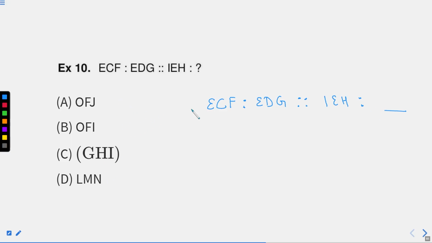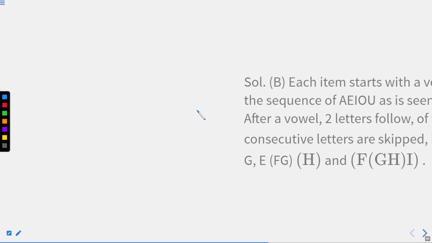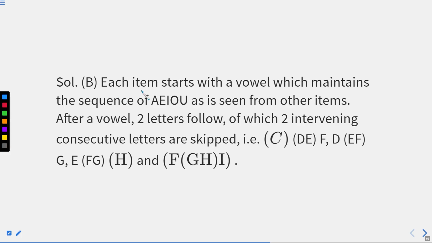So again, I left this particular question for you. Although I'm going to explain the answer with the second method, that is a written solution. Each item starts with a vowel which maintains the sequence of A, E, I, O, U as seen from the other items.